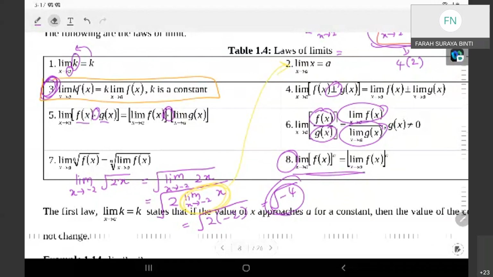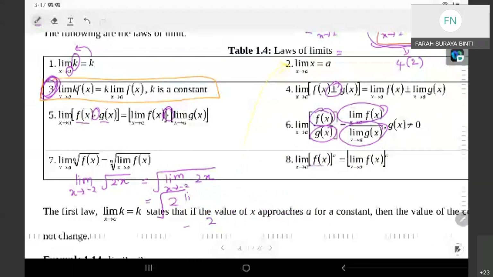Okay, untuk this type of question. And then law number 8. Number 8 ni kita tengok, law number 8 ni kita gunakan untuk apa? Function yang ada power kat sini. Okay, so limit kita boleh bring it inside that power. Power dekat luar.